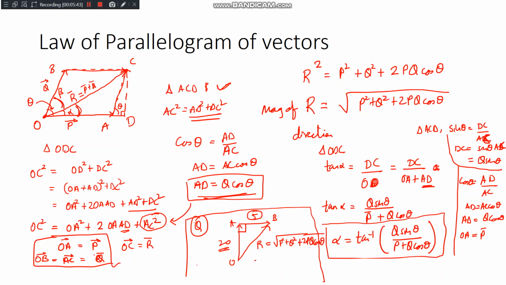Okay, now let us put the values. P is 20, so 20 का square, q is 5, तो 5 का square. Next, you got cos theta in this term, and the angle over here is 90 degree. I hope everyone knows that cos 90 is 0. So the third term will become 0.